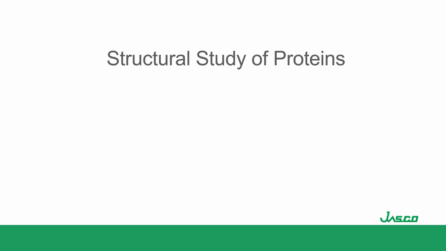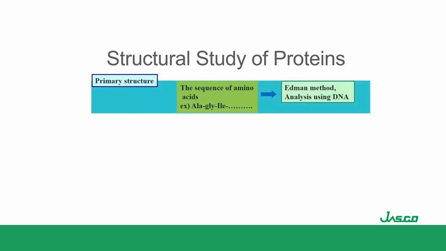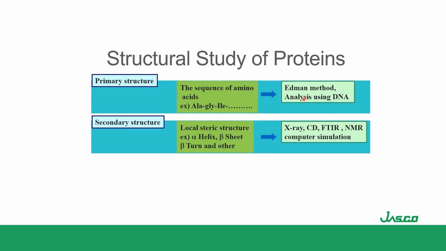So, structural study of proteins. The primary structure that I mentioned was the study of the sequence of amino acids. One of the most common techniques is the Edman method. For the secondary structure, to study what I mentioned before, the motifs like the alpha helix, beta sheet, beta turn, and others, we have 4 different techniques.